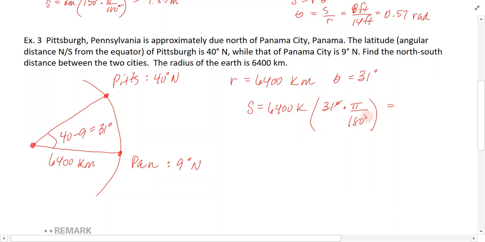Remember, my degrees are going to cancel out. It's going to give me kilometers. So rounding to the nearest whole number, what do you find? What is the distance between Panama and Pittsburgh? 3,463 kilometers. All right, so a couple more examples on arc length.